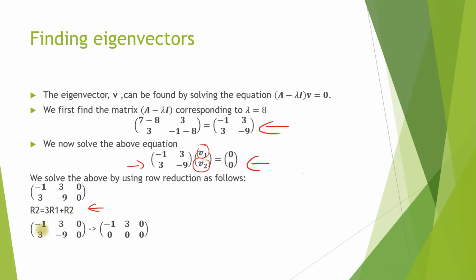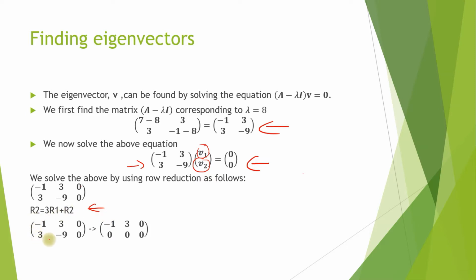For example, we want to bring this first number in the second row to 0. What we want to do is apply a certain equation where we are not changing anything. We are just applying some transformation to the numbers.